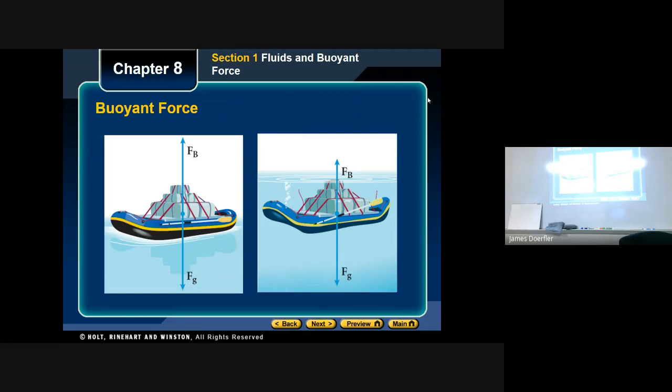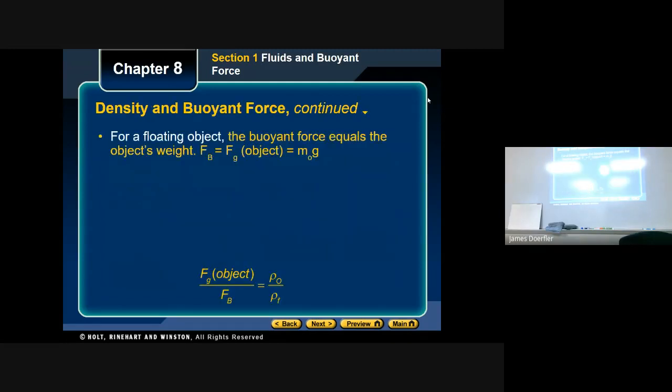The mass is staying the same, the volume is decreasing. So think about that mass density problem we saw a few slides ago. That density is going to become larger to where it's going to essentially overcome the buoyant force provided by the liquid. So, for a floating object, the buoyant force equals the object's weight.